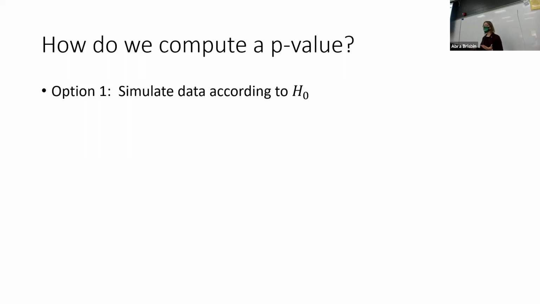And for that simulated data, we can compute our statistic. We do this many times, so we get a distribution of the possible values of that statistic. So that gives us what we can call an empirical p-value. Empirical because it's based on evidence from simulations.